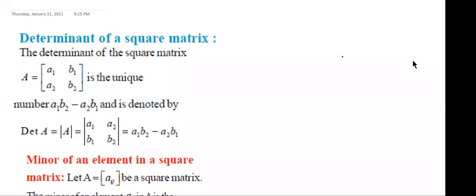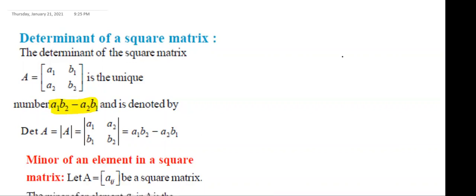Today I am going to discuss the concept of determinant of a square matrix. First, 2 by 2 matrices. The determinant of the square matrix A with rows a1 b1 and a2 b2 is the unique number a1 b2 minus a2 b1.